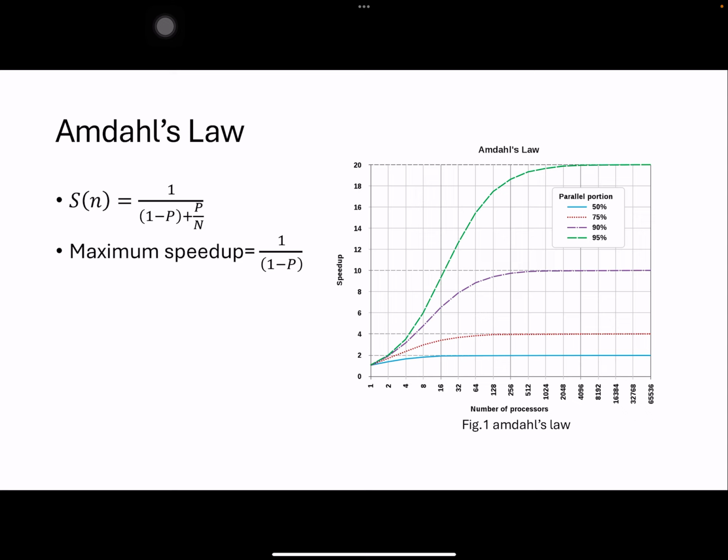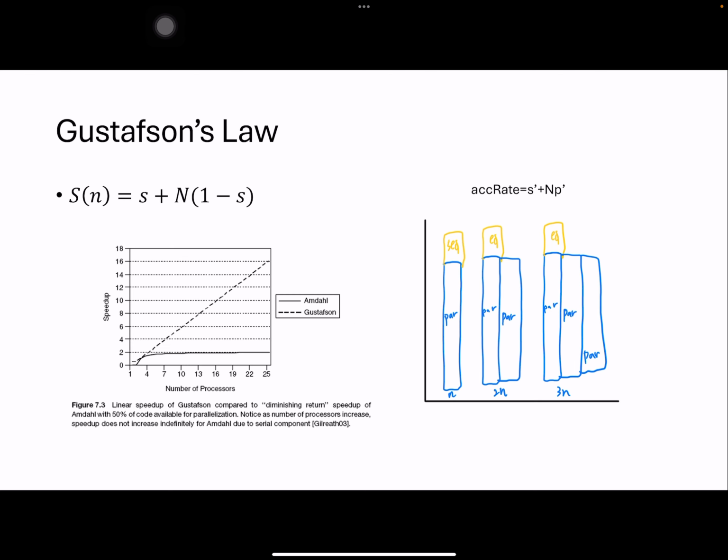When N equals infinity, the number of CPU cores increases, and the ultimate speedup will be 1 over 1 minus P. For example, if the parallel code is 75%, the limited speedup cannot exceed 4, because you still have 25% of code that cannot be sped up. From this, we can know that blindly increasing the computing resources in a parallel system cannot always double the overall performance of the system. And then is Gustafson's law.